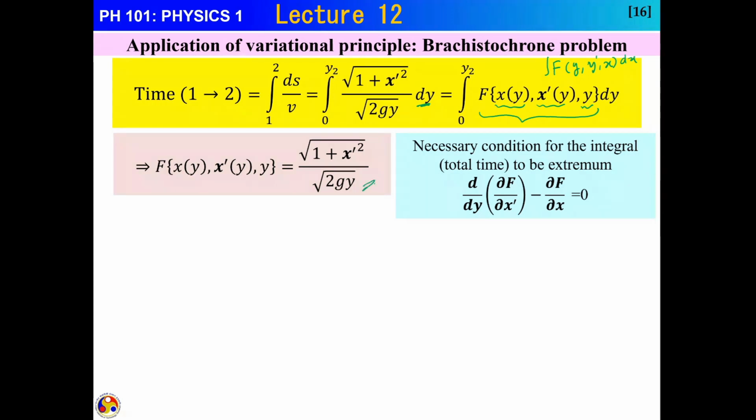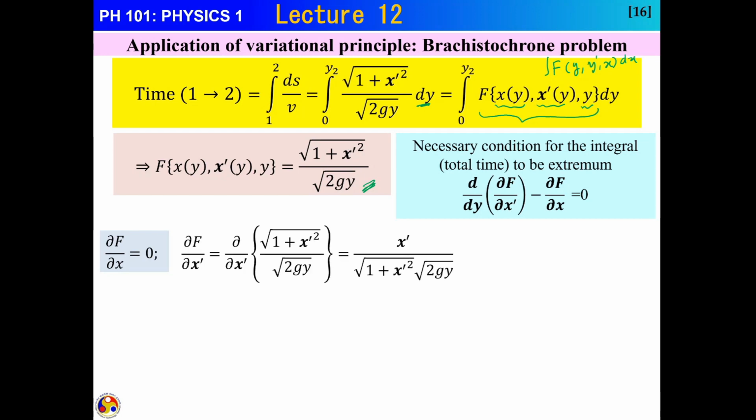And now you can clearly see this function does not have any x term. So obviously the partial derivative of f with respect to x is 0. Therefore, now we need to find the partial derivative of f with respect to x prime. Obviously there is an x prime here, so when I do that, it will be x prime by the square root of 1 plus x prime square.